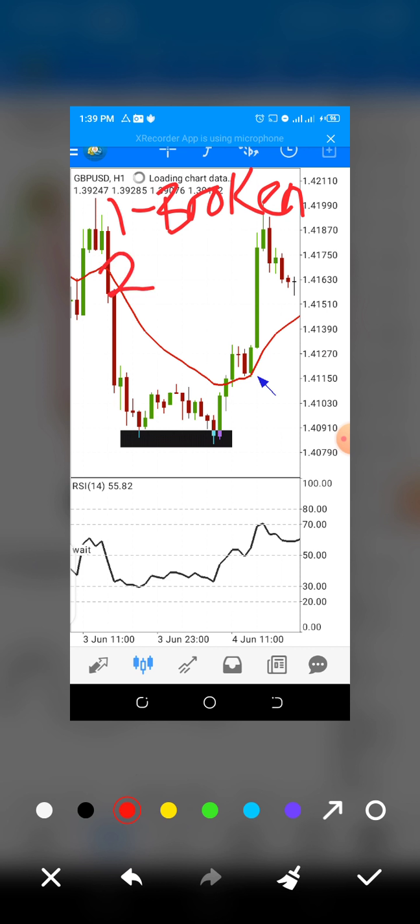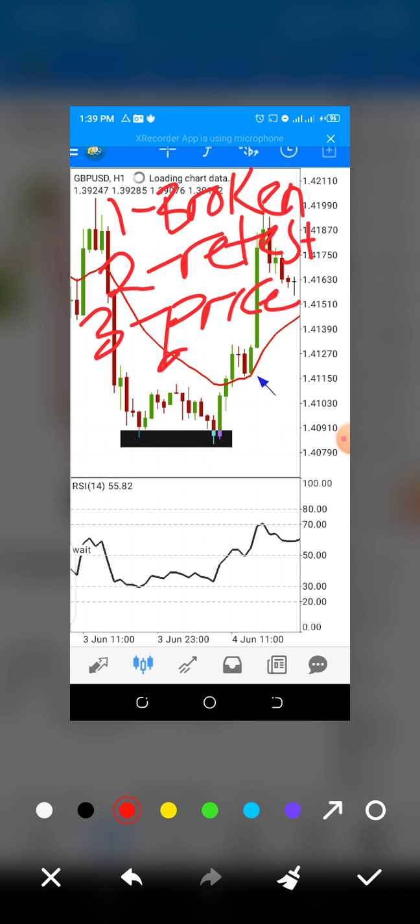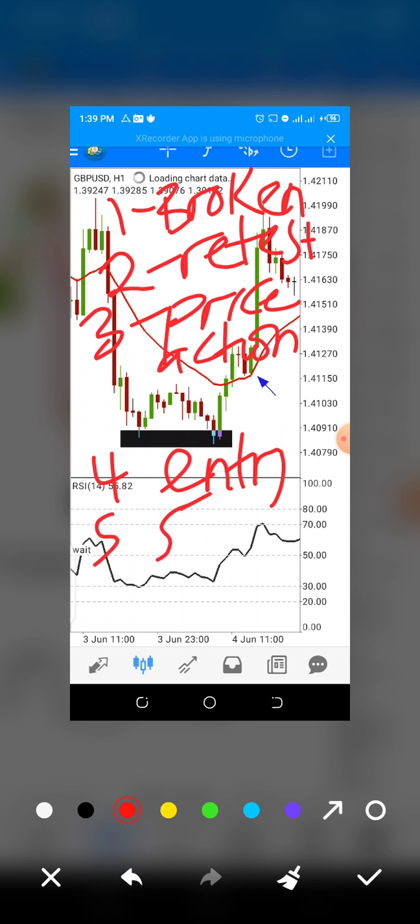Number two, retest. Number three, price action. Number four, entry. Number five, stop loss. Number six, profit target.